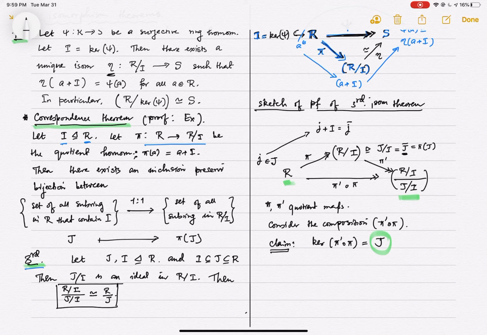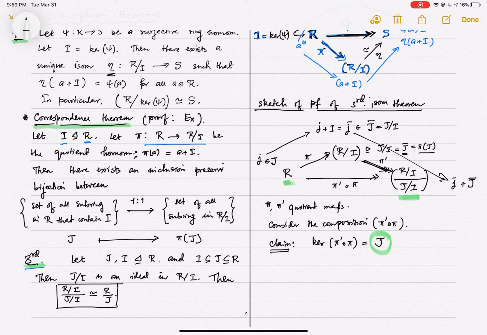And that coset belongs to the image pi of J, J mod I. It's a coset represented by an element of J. So this belongs to what I call J bar, or J mod I. And then when you apply pi prime to that element, going down and right, it goes to j bar plus J bar.